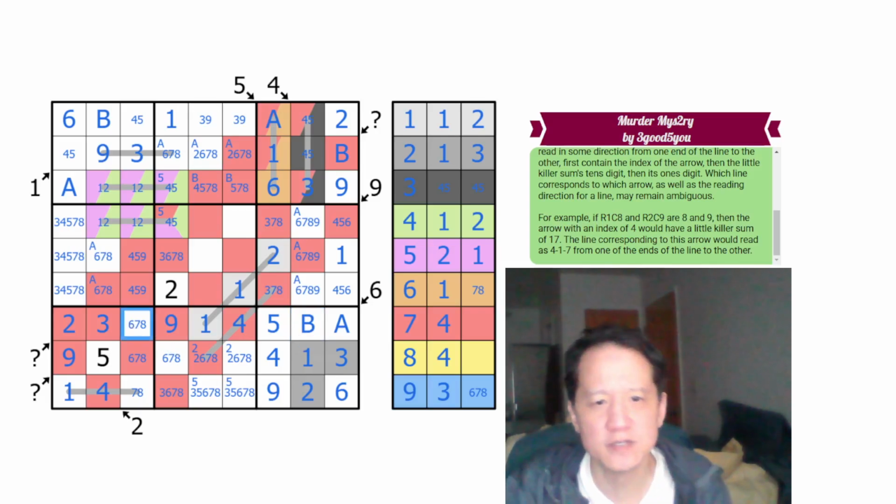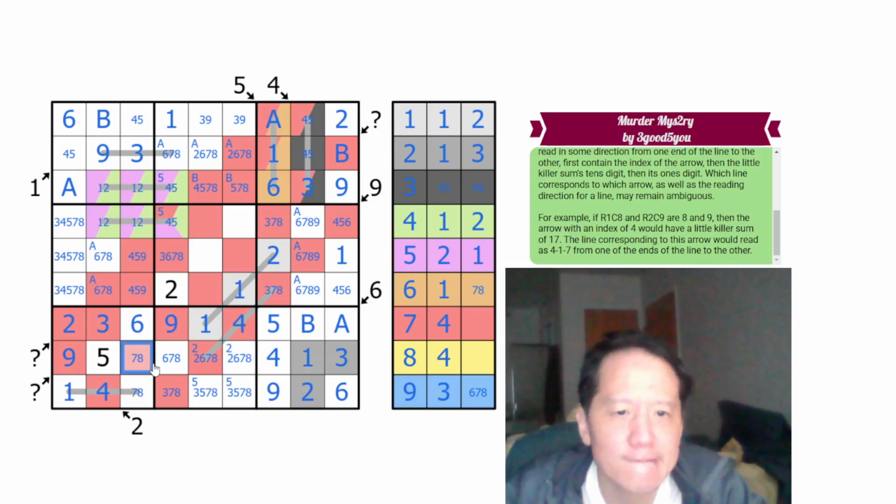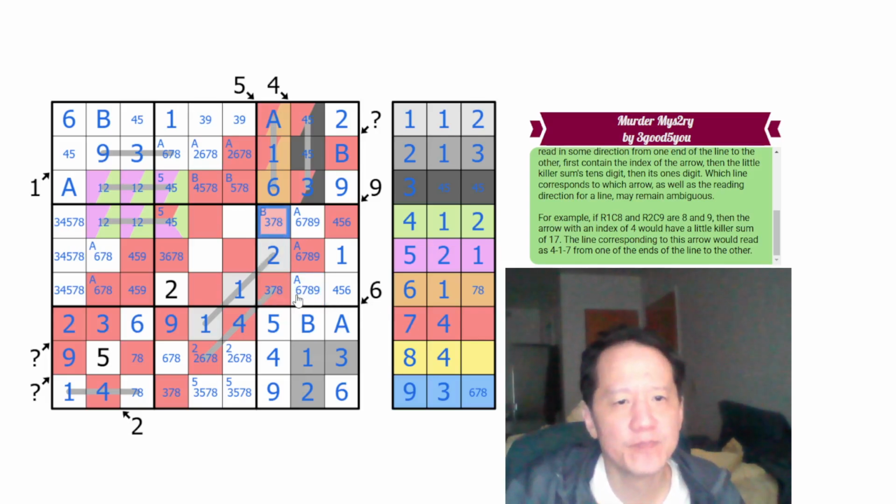So this is a 6 here, because this can no longer be 6. This can't be 6. One of these must be 6. So one of these two is a B. We're not sure which.